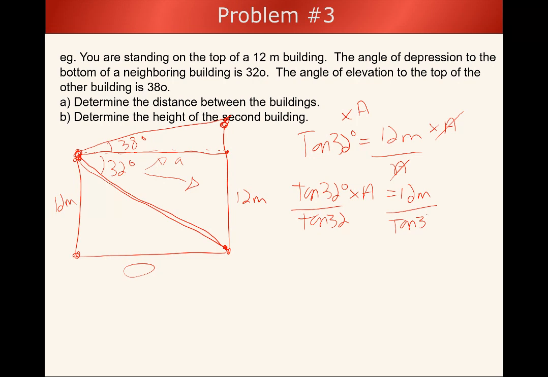That gets rid of it there. And the answer to that adjacent side, or the distance between buildings, is 12 divided by tan 32. And it's 19.2, and that is in meters. So there's part A done. I'll label that as part A.